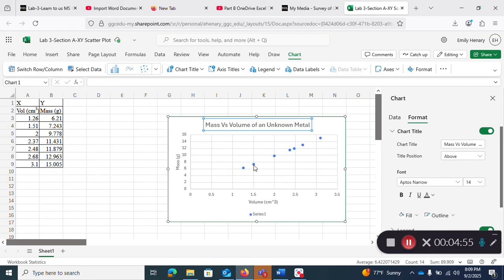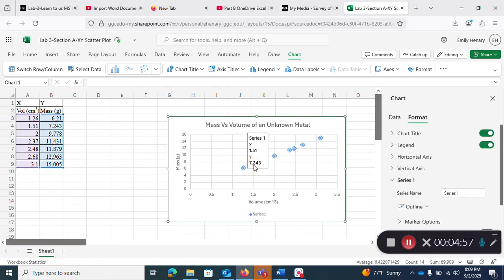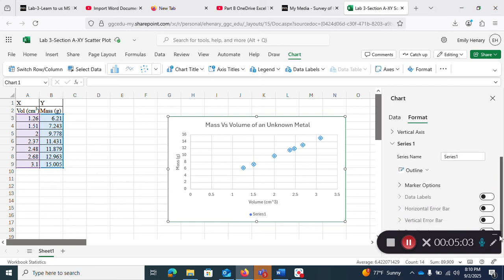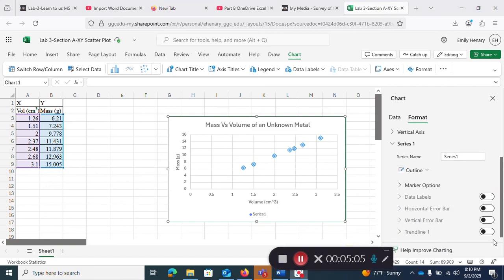So I'm gonna double click any point here to format. I'm gonna scroll down this list and select trend line so I can have my points connected. Here you go. It's connected by a linear trend line.